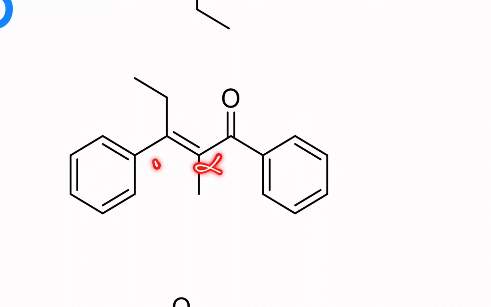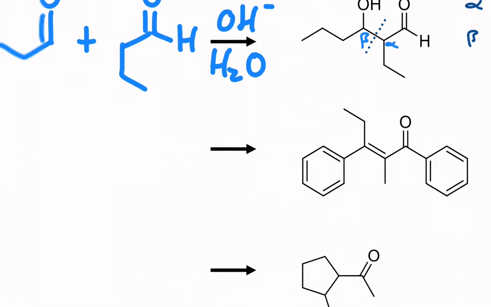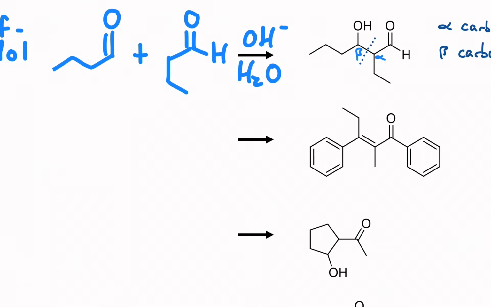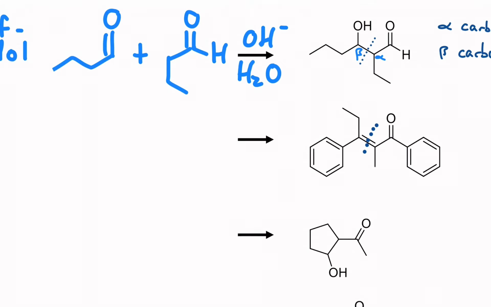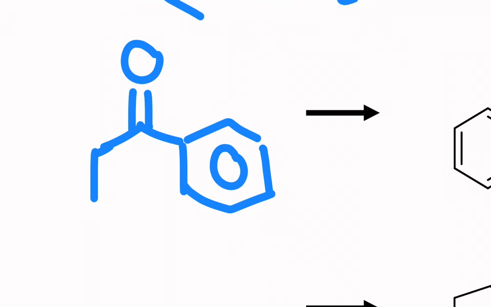There's an alpha-beta position, and we want to think about making that bond. So let's do the same thing. Let's go backwards. I'm going to imagine breaking that alpha-beta bond. The right half would look like all the carbons are still there. There's a ketone in this case. There is a benzene ring. And the alpha position, I'm just filling in with H's. Done.